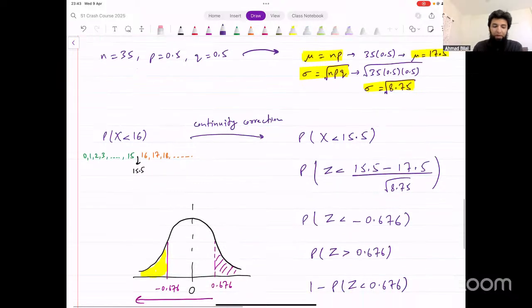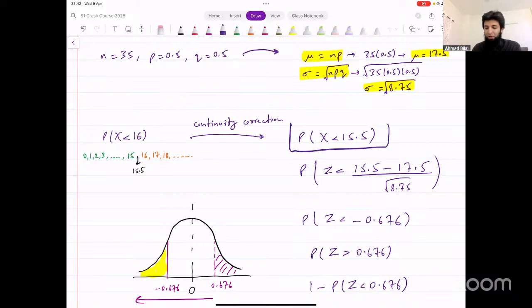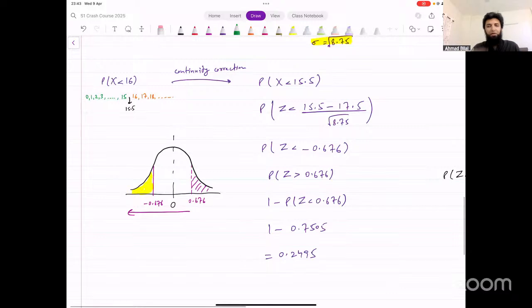And then whatever probability it is that you have to calculate, you do continuity correction on that. I'll give more examples on that now. You do continuity correction, you convert it to this, and then you just apply normal distribution like you normally do. Convert that to z-value, convert it to standard form, read the value in the table, and you get the result.